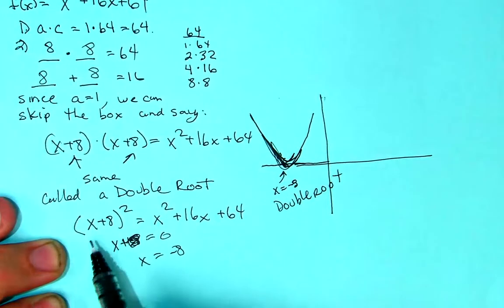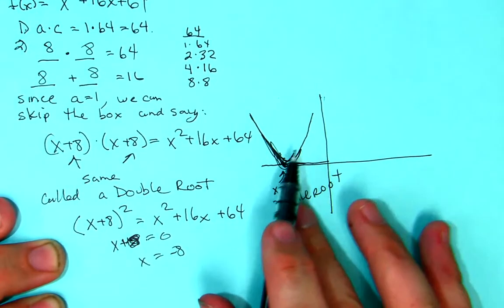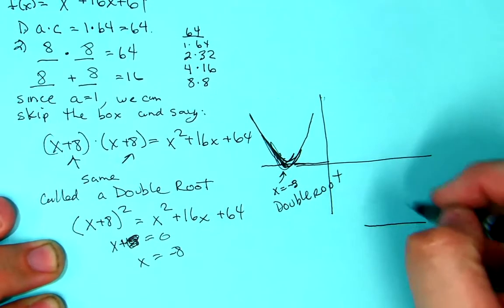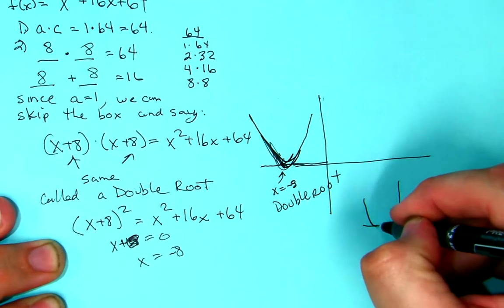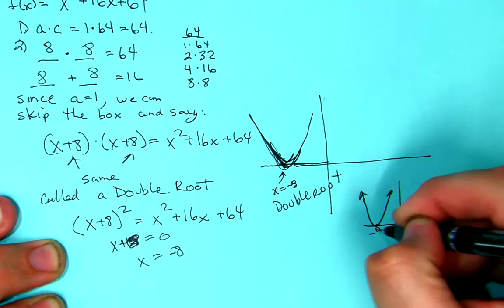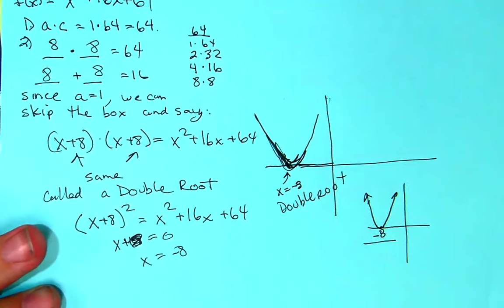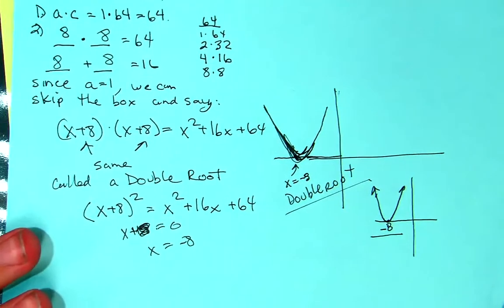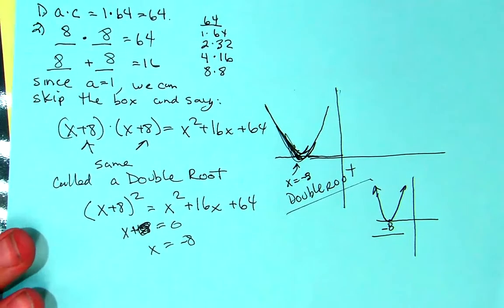It's in the problem twice, but it only shows up once in the graph. That's a pretty bad picture, so this is what it would actually look like. We have our double root that's going to hit twice, which is really nice.